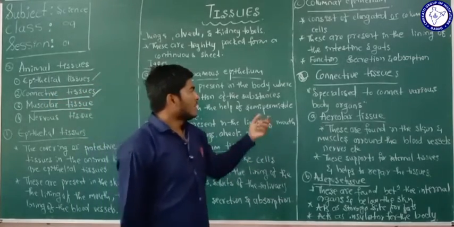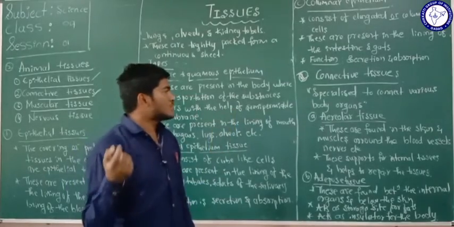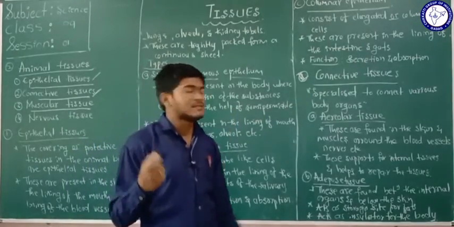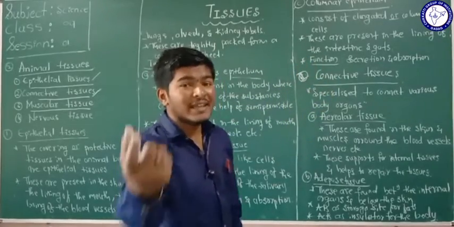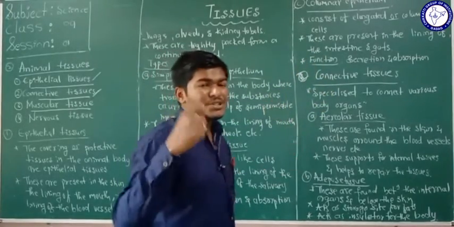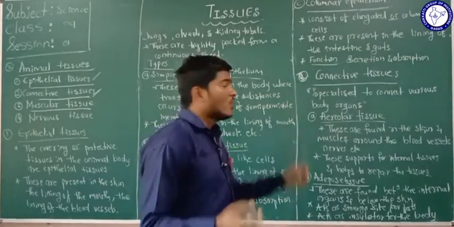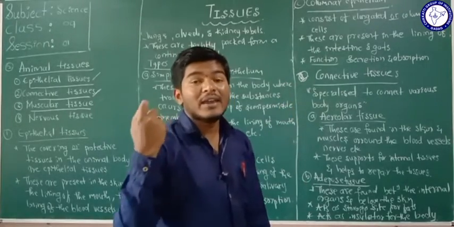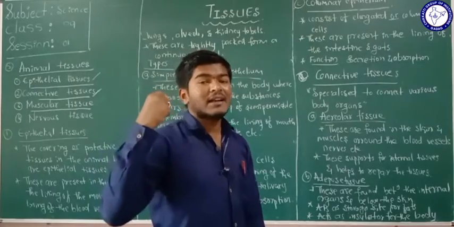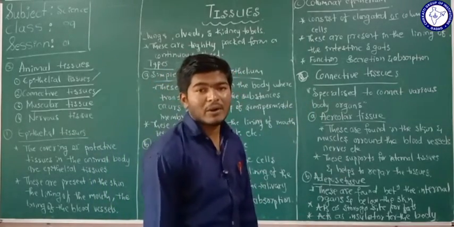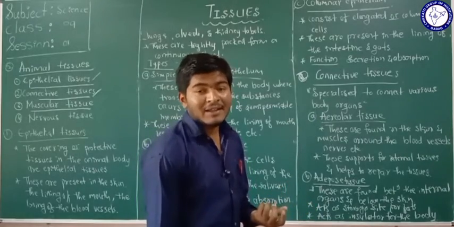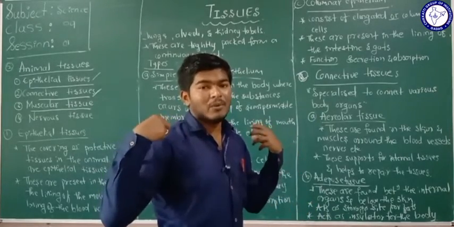Connective tissues are specialized tissues to connect various body organs, as the name says. See here, the connection of the tissues from the eye towards all parts of our body, the connection of the leg to all parts of our body.